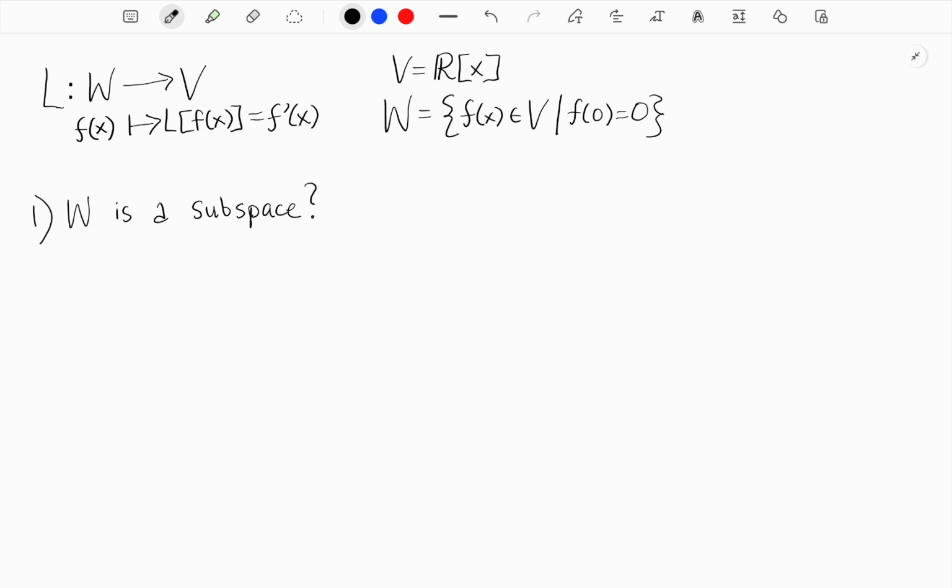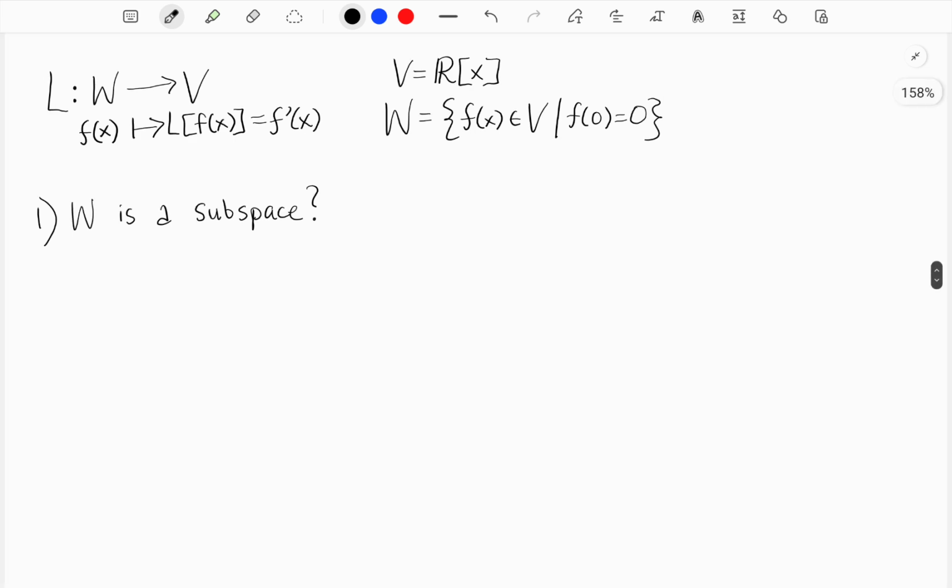In order for it to be a subspace, it must be closed under addition and scalar multiplication. So what that means is, if I take f of x and g of x in W, is it true that f of x plus g of x is also in W? That's the first thing we need to check, closure under addition.